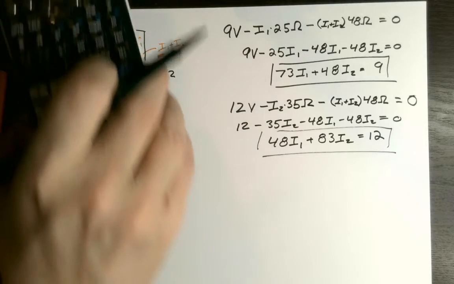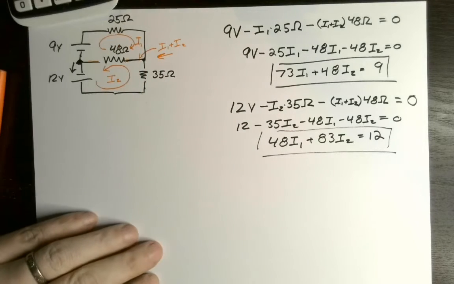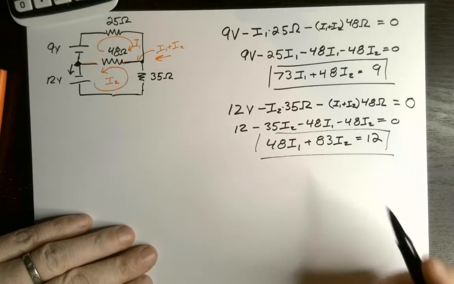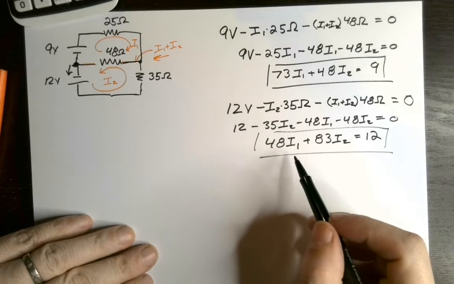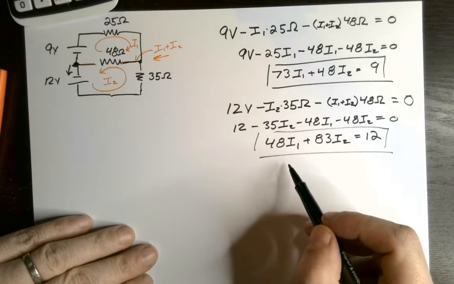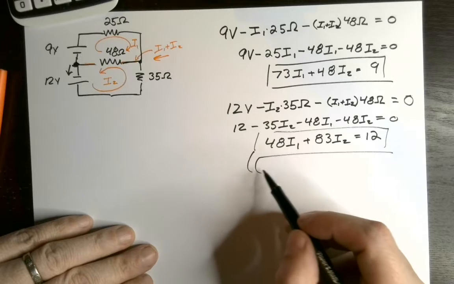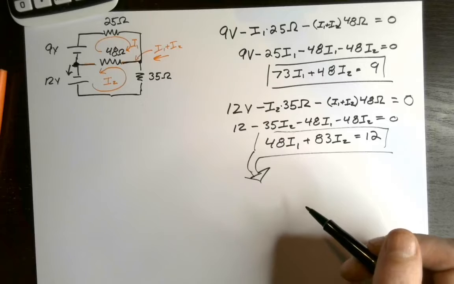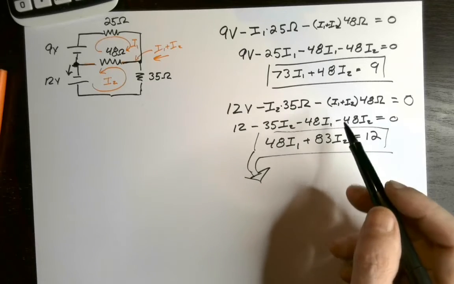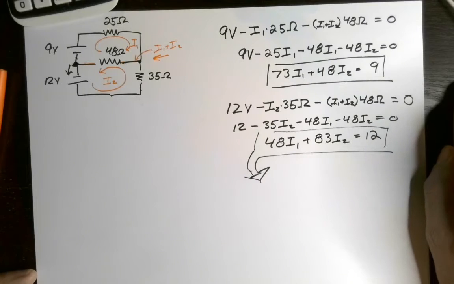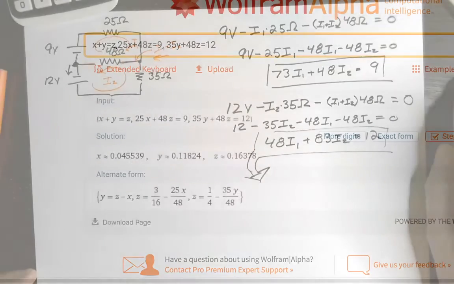So notice that now, instead of having 3 equations and 3 unknowns, I've got 2 equations and 2 unknowns, and that's a heck of a lot easier to solve algebraically than the other ones were. In fact, it's tempting to actually do this myself rather than rely on Wolfram Alpha to do it. But just to save time, let's go to Wolfram Alpha and have it solve the system of simultaneous equations for me.